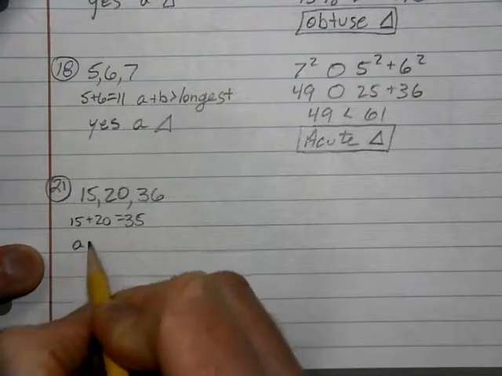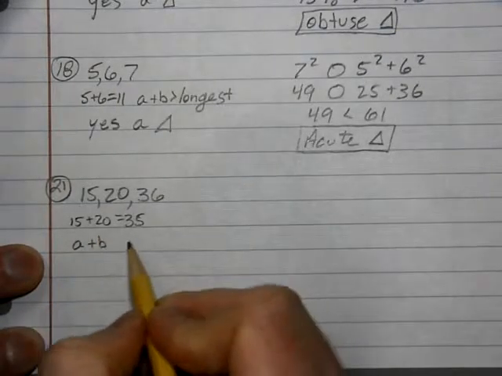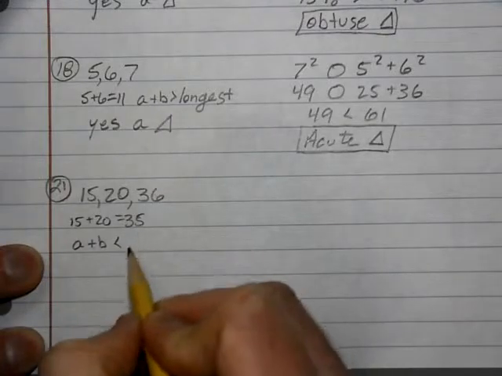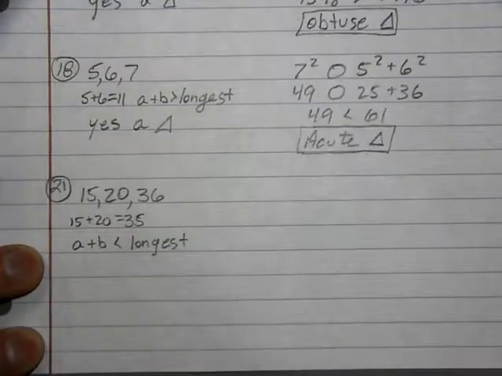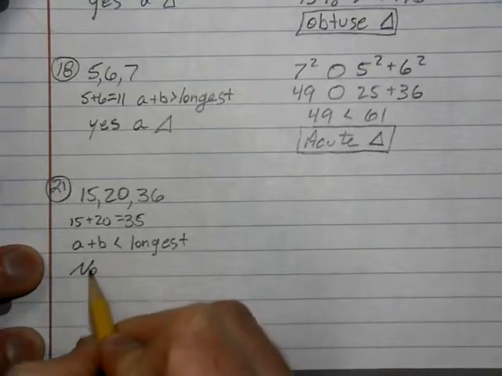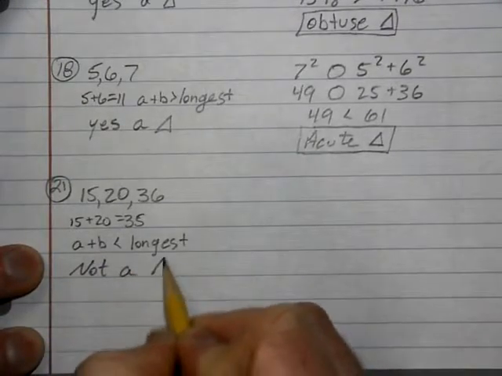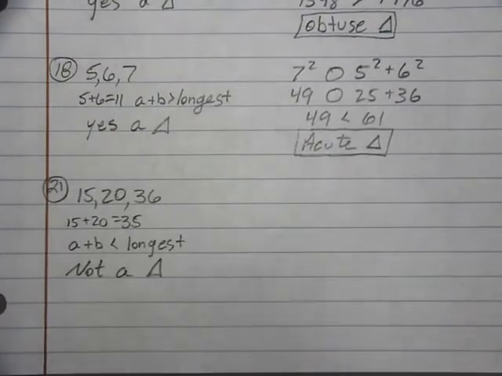So we have that A plus B is less than the longest. So that doesn't even make a triangle. So there's no need for us to continue to figure out what type of triangle it is, because that's not even a triangle.